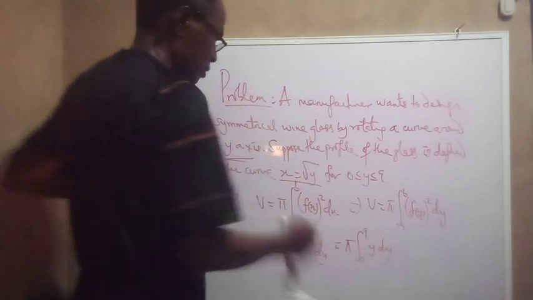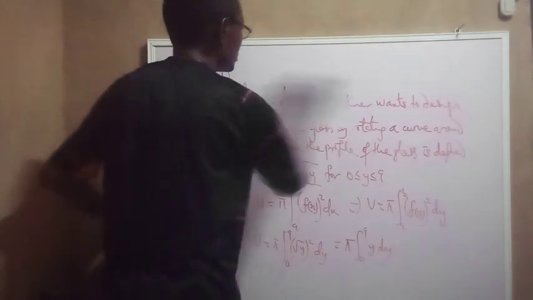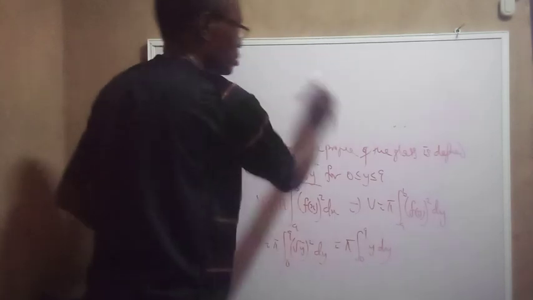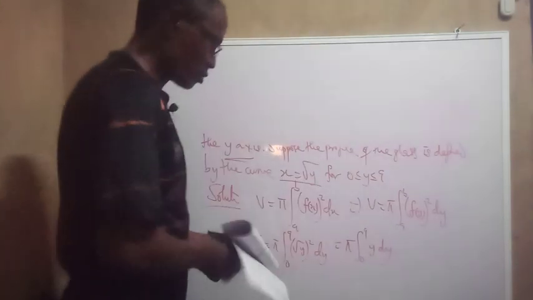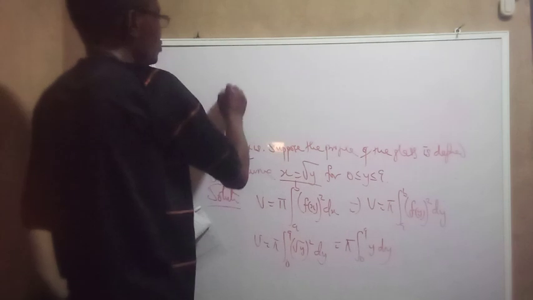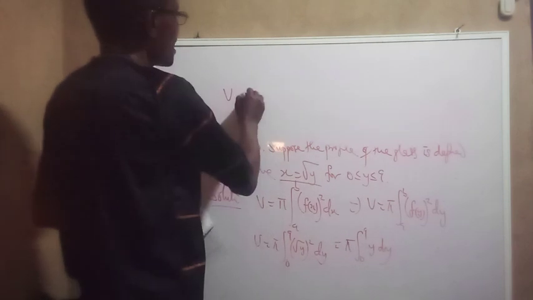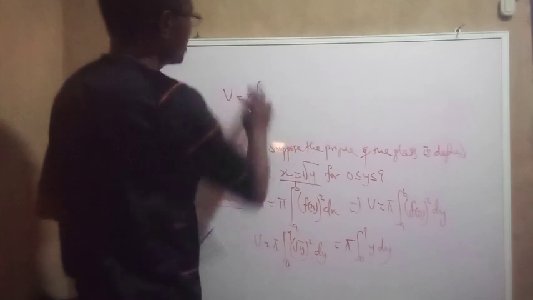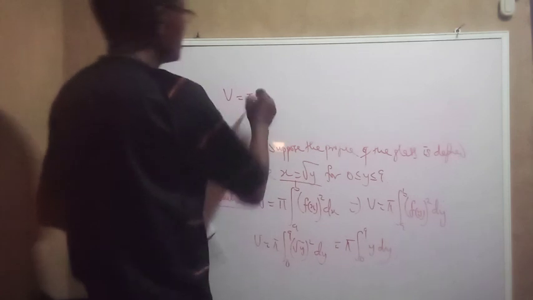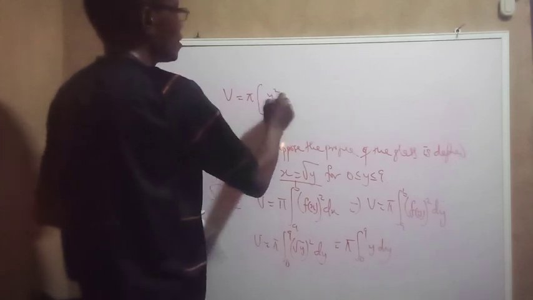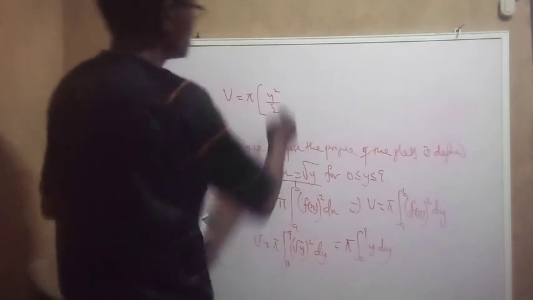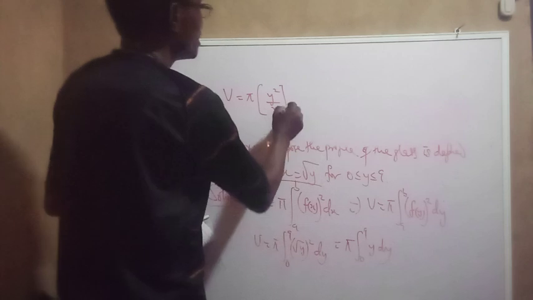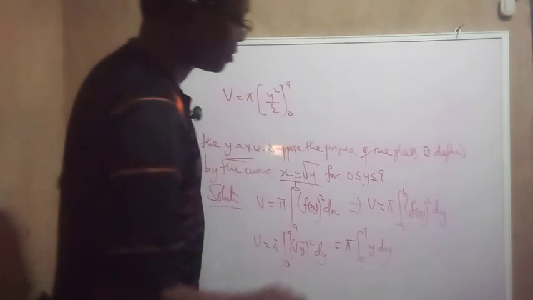Let's split it up. So what next? The volume of revolution will be pi times, let's integrate directly, y squared all over 2, evaluated from 0 to 9.